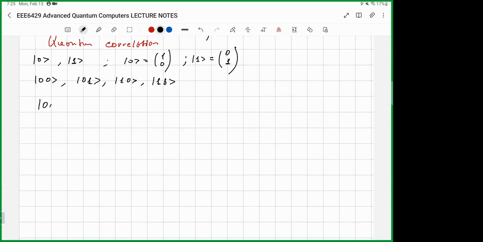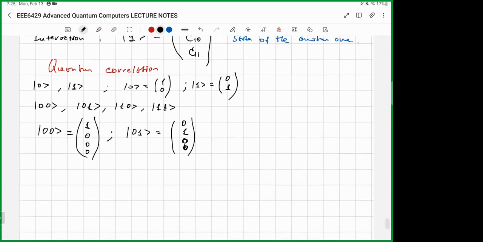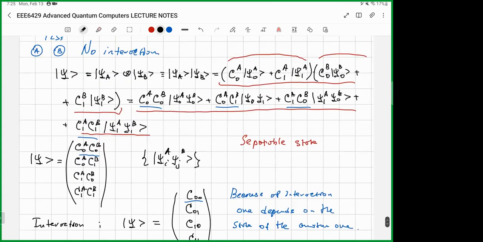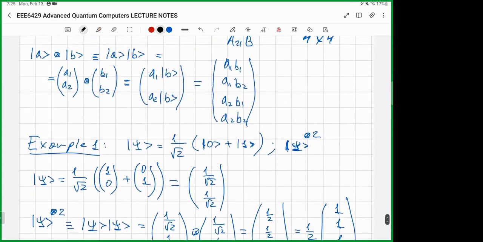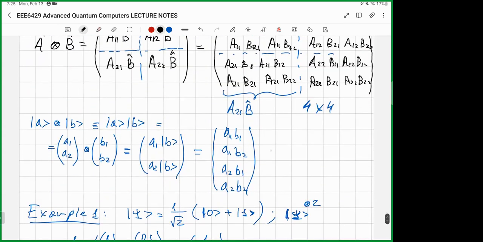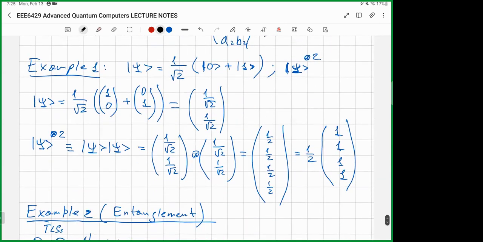For example, vector 00, what is it? It will be the state (1, 0, 0, 0). The state 01 will be (0, 1, 0, 0). If you take the tensor product of two vectors, like we did here, you will get this result.